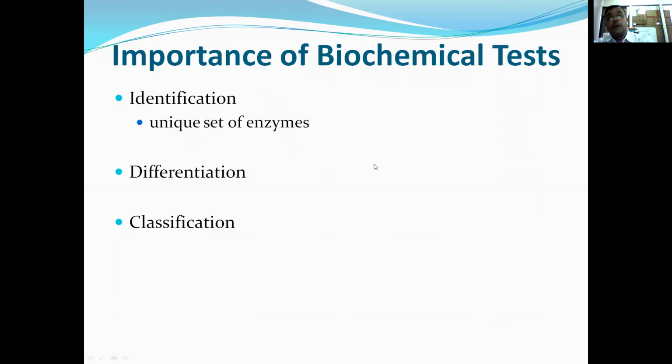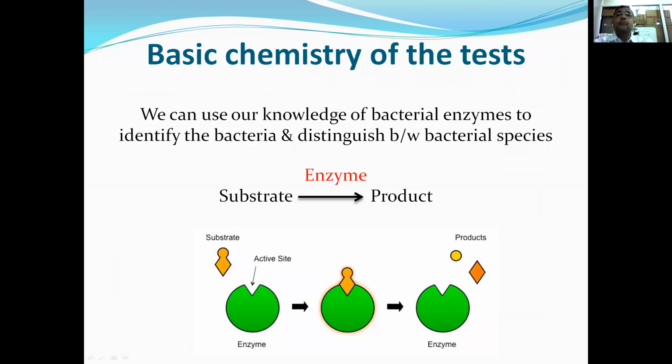With this we will move to the next, that is, the basic chemistry of the test. Everyone has learned about the substrate-enzyme reaction. Enzymes are specific to some genus of bacteria, and the presence of an enzyme is demonstrated by some substrate. To demonstrate the presence of this enzyme in a specific bacteria, we provide some substrate. If this substrate is specific to the enzyme, it will bind, a reaction will happen, and that will lead to product formation.